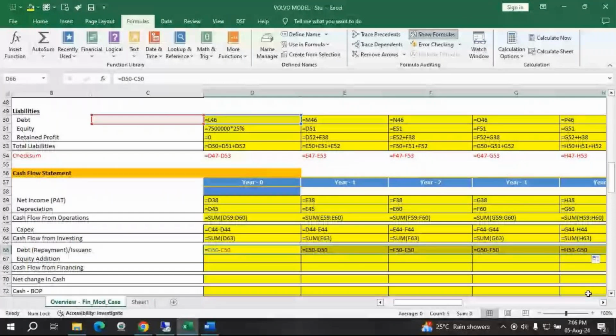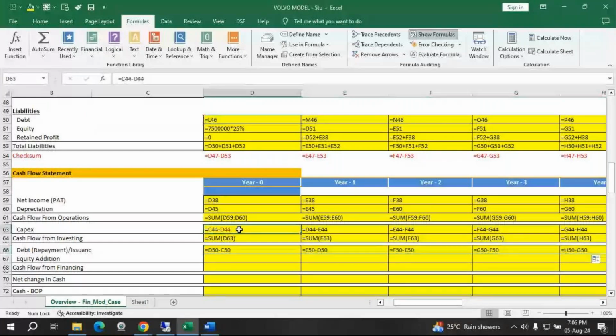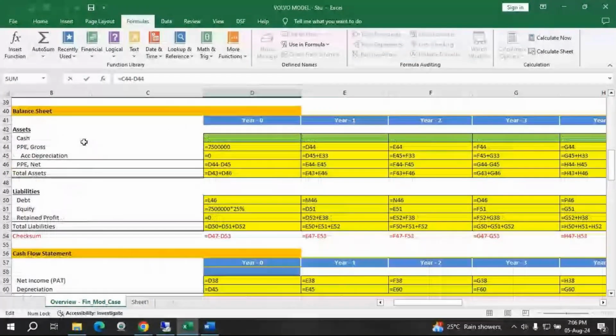Ma'am, under capital expenditure, how did you take C44? Here under capital expenses I have taken C44, that is my PPE gross, so previous year minus current year value.